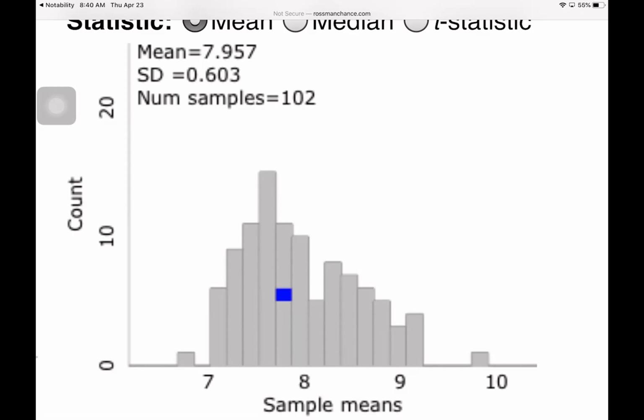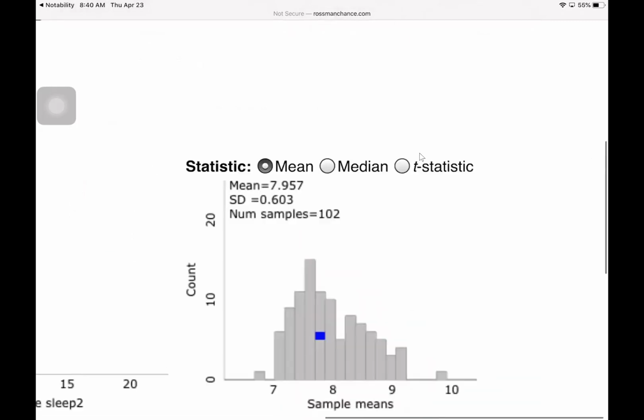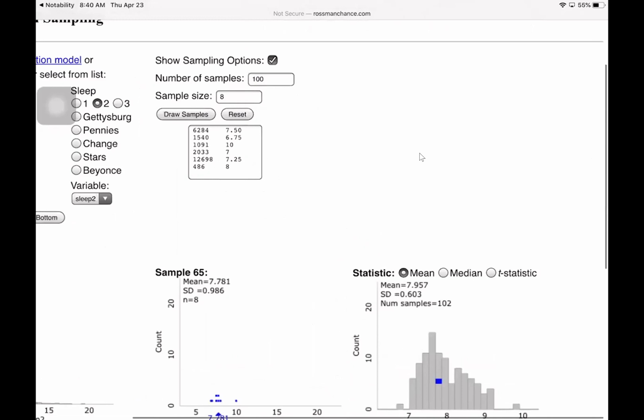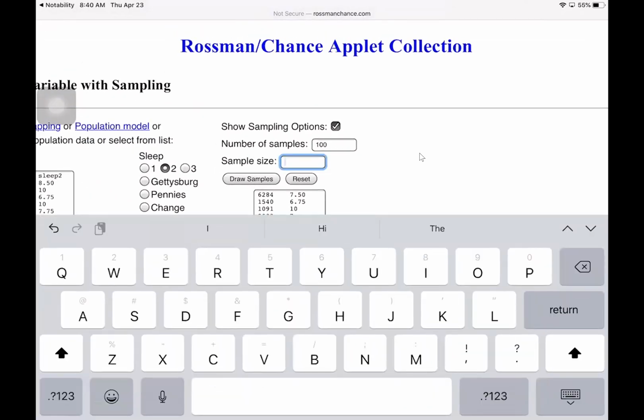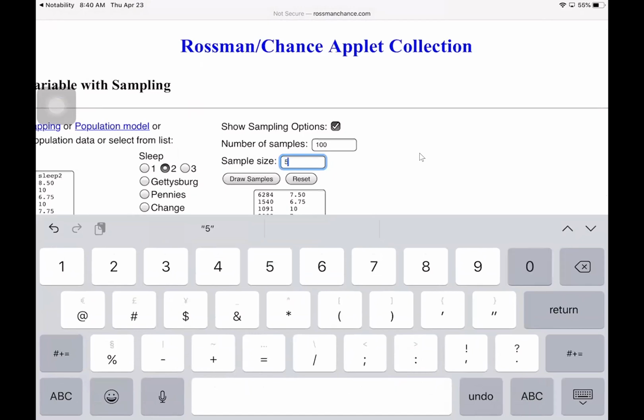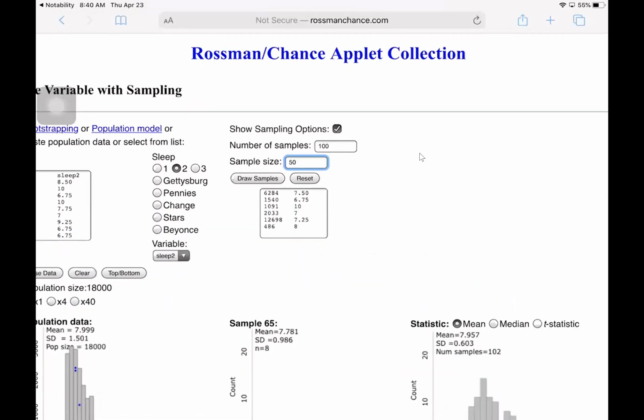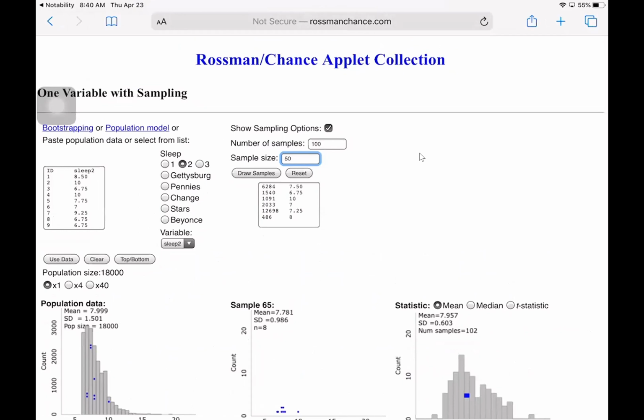So what sample size do we want that's bigger than 8? Think big, but not too big. Well, let's do a sample size of 50. And let's see what happened.